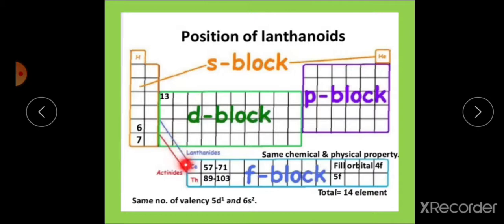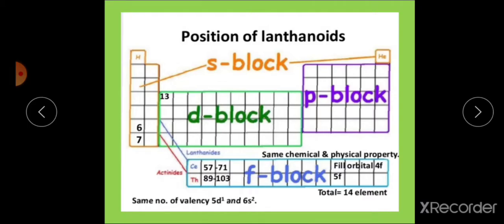The elements in the lanthanide series follow this lanthanum, that's why this series is named the lanthanide series. And the elements in the actinide series follow this actinium. The properties of this series are similar to that of actinium, that's why this series is named actinide.